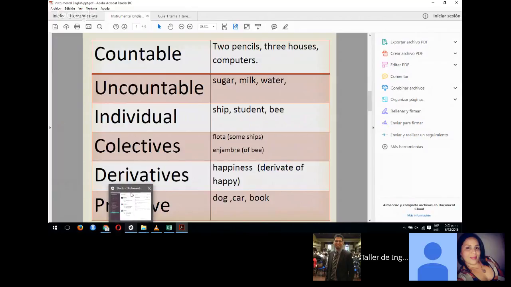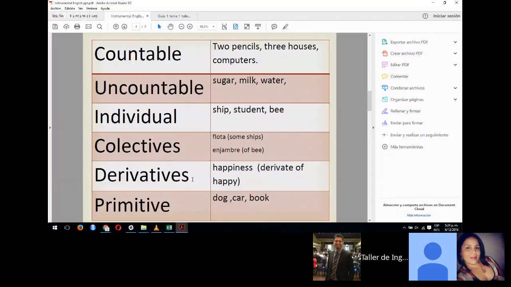A noun is derived when the word derives from another word. For example, happiness. Happiness derives from happy. Primitive. A primitive noun is a word that doesn't derive from any other word.